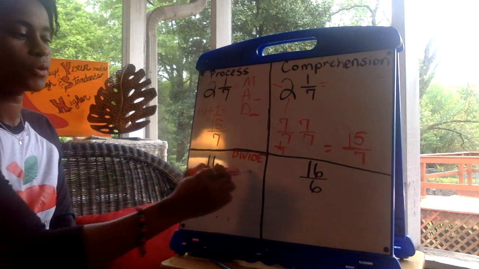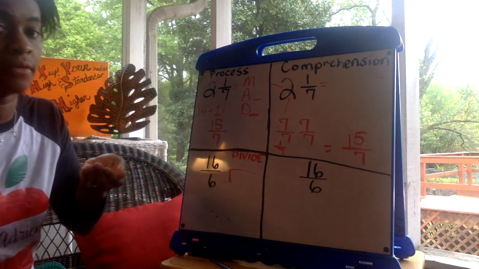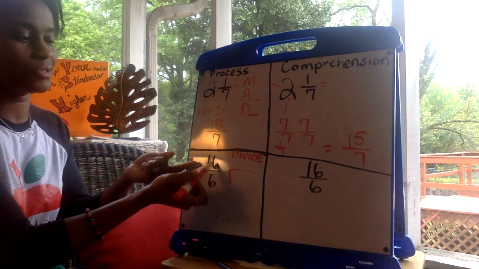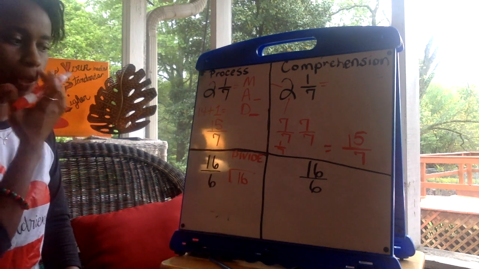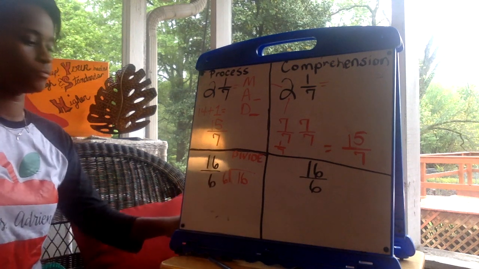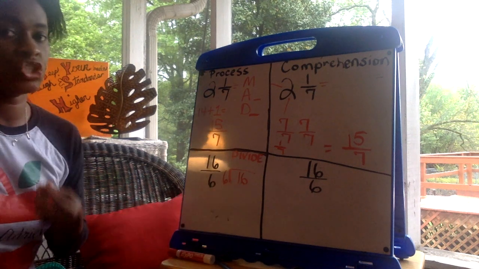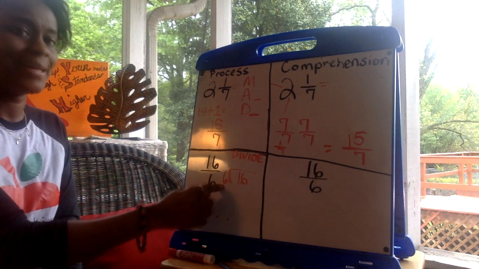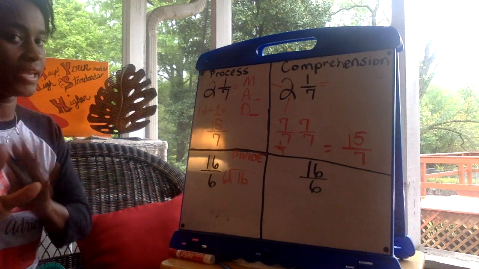Now, our dividend, which is the amount that we have, the whole amount that we have, which is going to be our 16 that we're trying to distribute. And our groups, or our divisor, will be 6. Now we've just created a simple division problem. When we count by 6, 6, 12, 18, oh my goodness, we can't go 3.